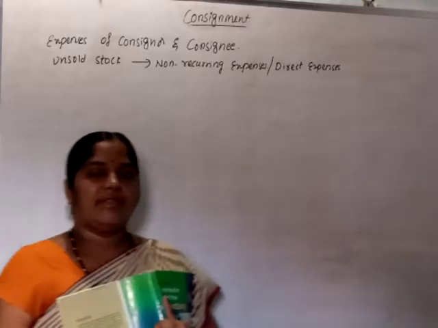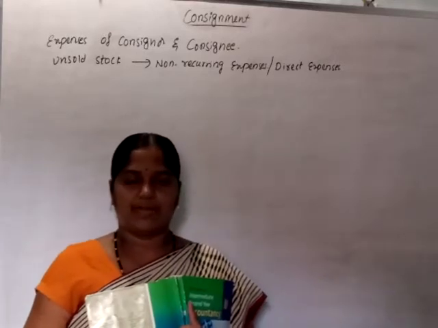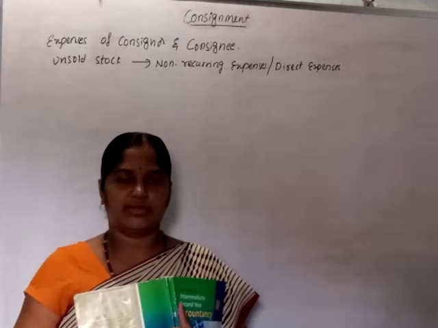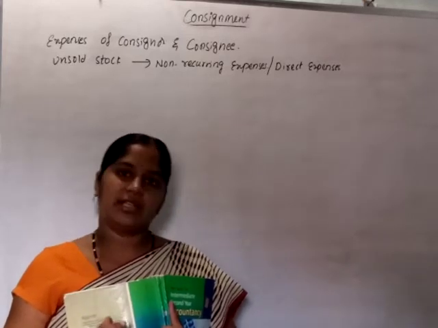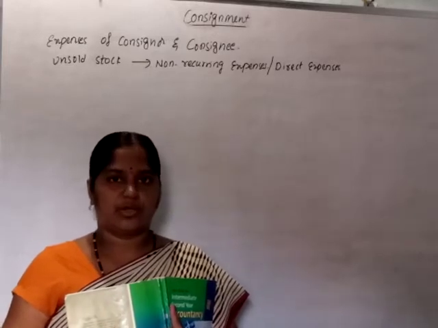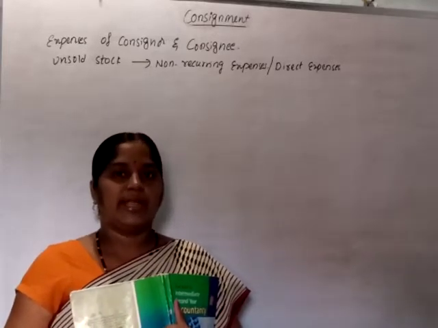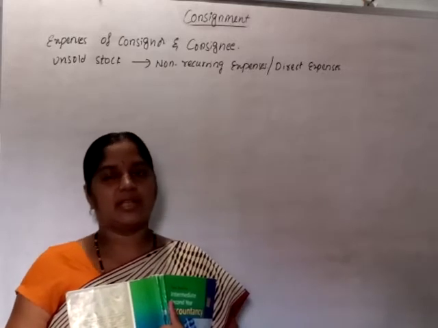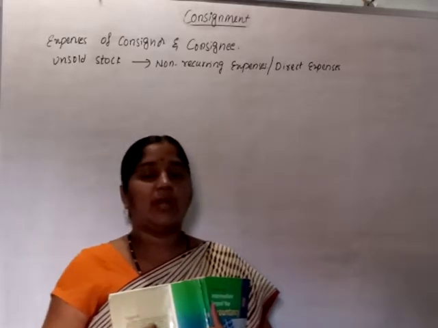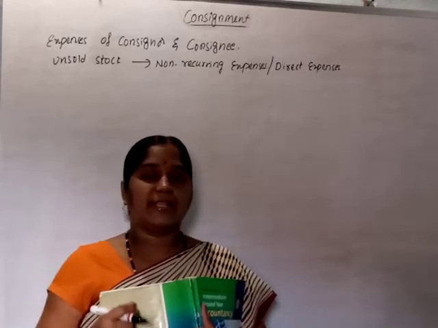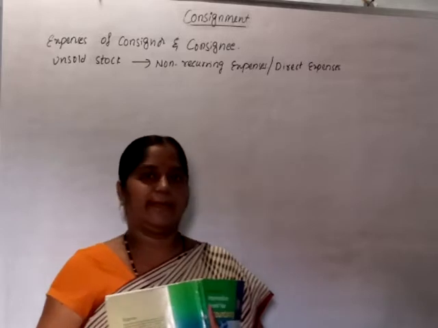Remember, when calculating the unsold stock value, we take only the non-recurring expenditure of the consignor and the consignee. And what are they? What type of expenditure is called non-recurring expenditure?